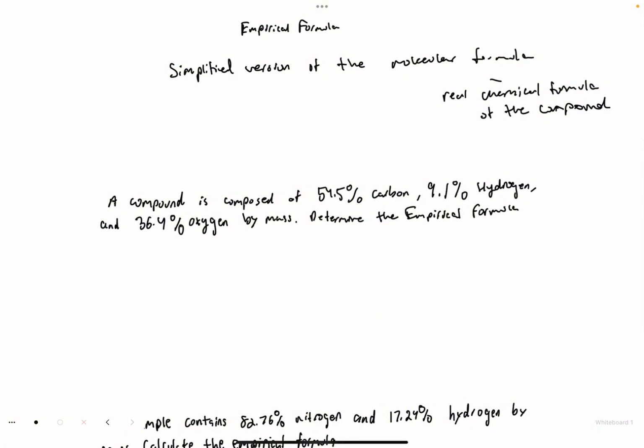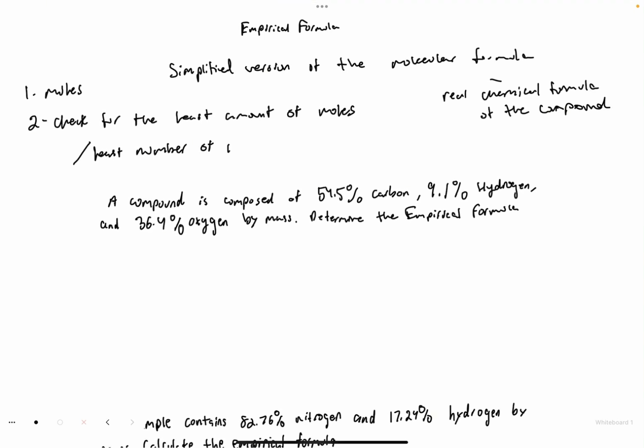And the way you find the empirical formula is first you want to get to moles. Moles always seem so relevant. And you want to check for the least amount of moles, and divide each value of moles by the least number of moles.